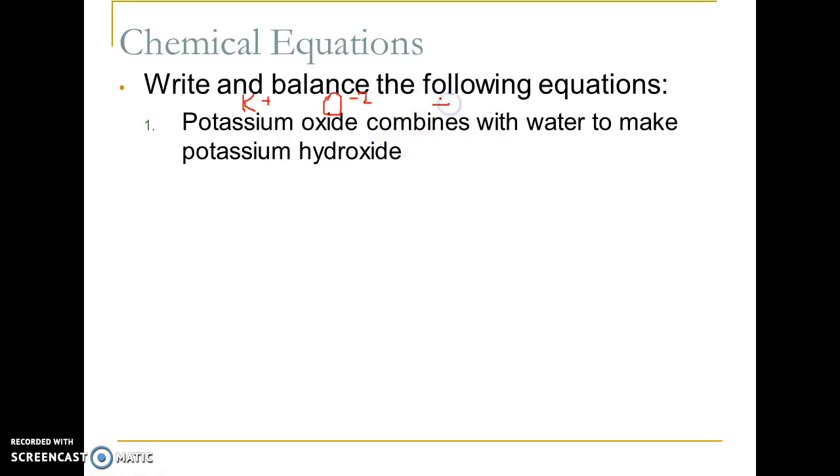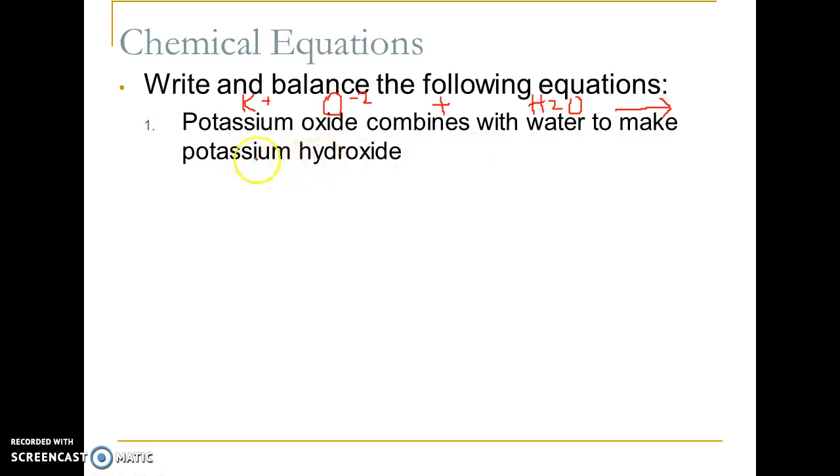Combines with will be your plus sign. Water. We all know the chemical formula for water is H2O. Where it says to make, that is your yield sign or your arrow. Remember, the arrow means to yield, to make, form, produce, create. Those are some common words you might see.